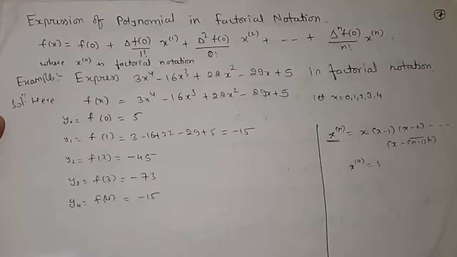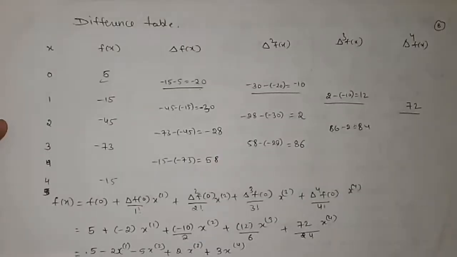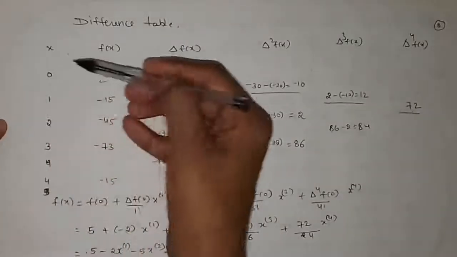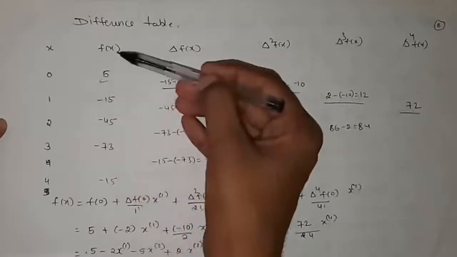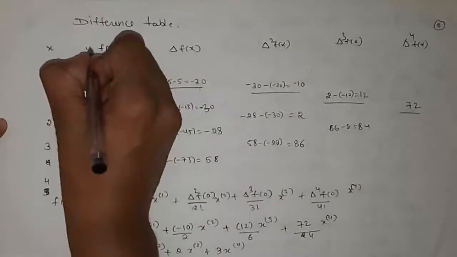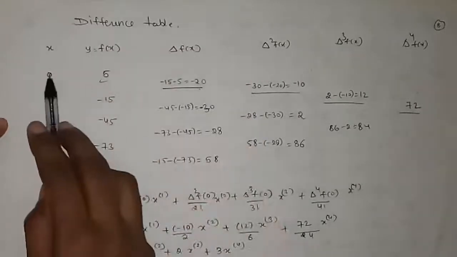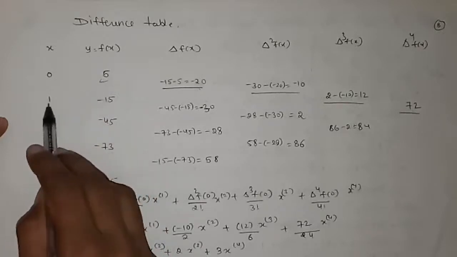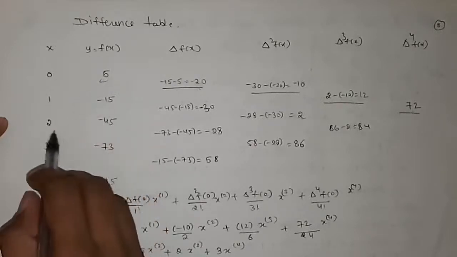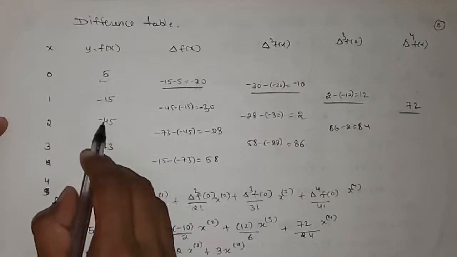Now using this, we will draw the difference table. So this is our difference table. We have put x equal to 0, 1, 2, 3, 4, and the value of y equal to f of x: for x equal to 0, we have y as 5. For x equal to 1, it is minus 15. For x equal to 2, it is minus 45.